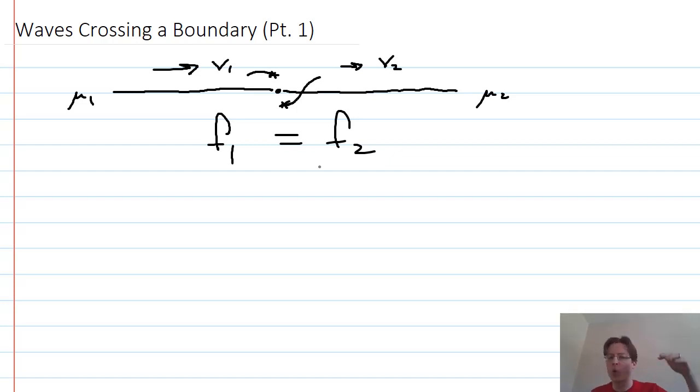Even though it goes from one totally different material into another, the frequency doesn't shift. However, the wavelength does. So if the waves slow down, then you start with some long wavelength waves. And when they cross that boundary, now the waves slow down and they're going to pile up on each other. And now you'll have short wavelength waves.